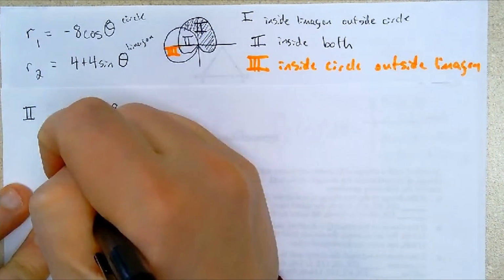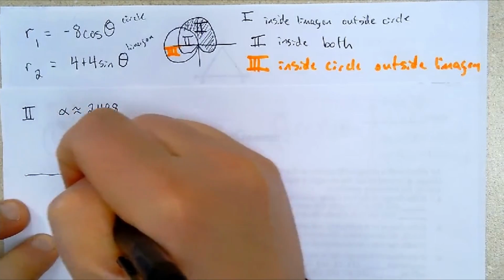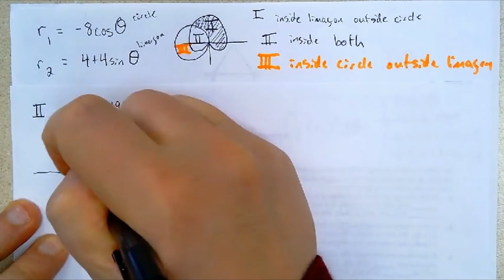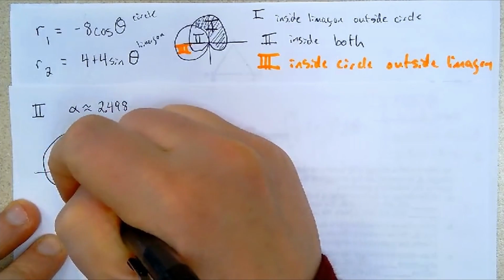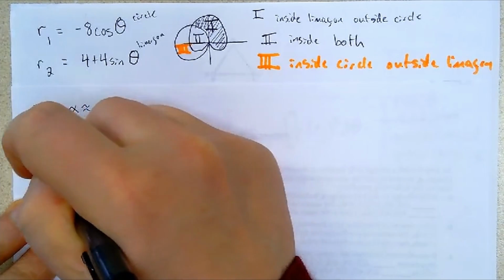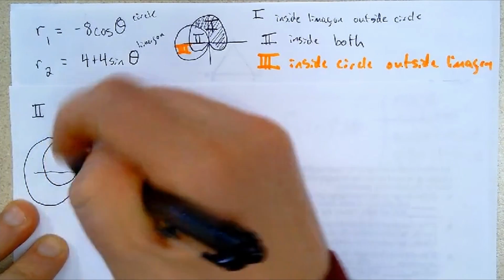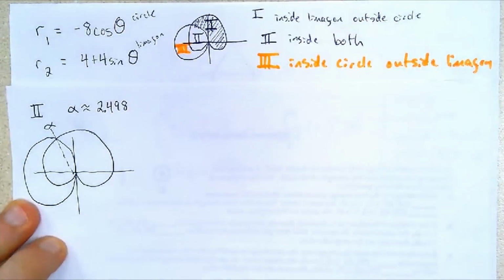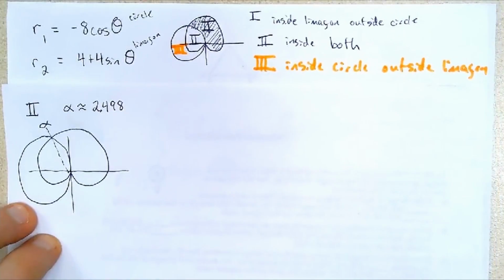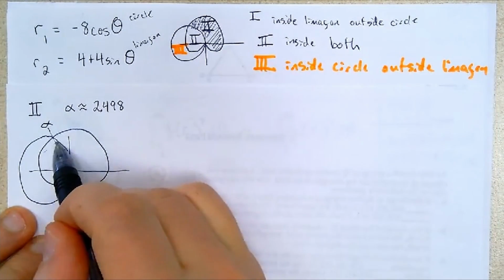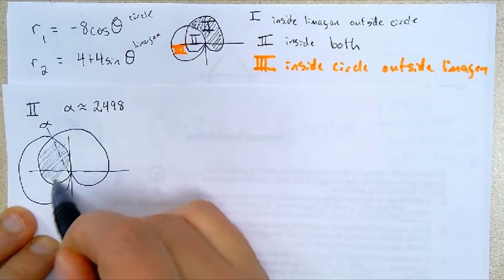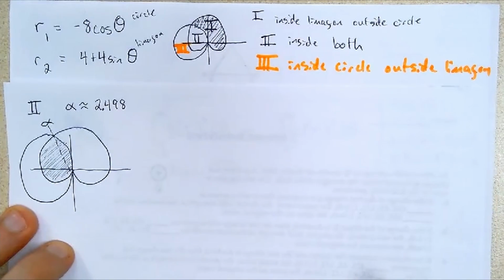I will again draw the curve because it'll help with the visualization. In that region, alpha, there. And our goal is to find this total area right here, the area enclosed by both curves.